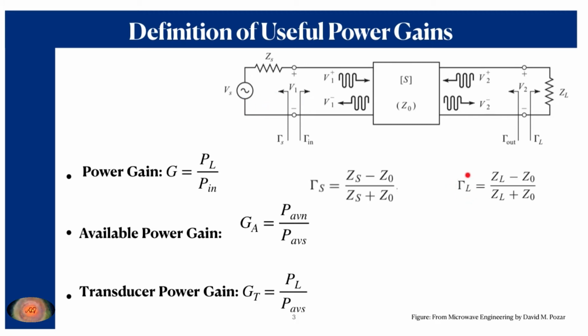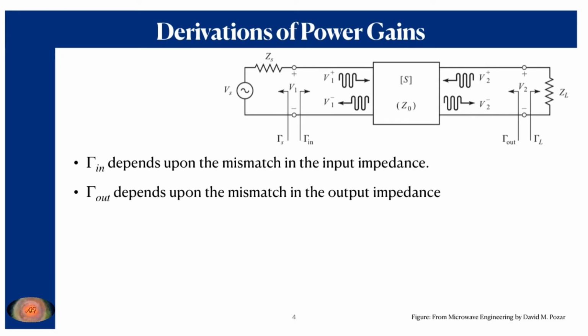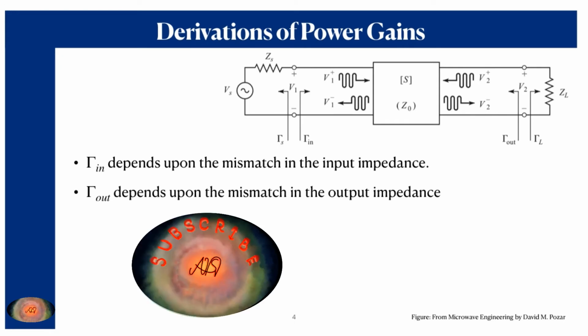Similarly, gamma L represents the reflection coefficient due to a mismatch between the load impedance and the characteristic impedance of the device. When you are designing an amplifier based on a transistor, then along with the transistor, any other additional devices or components may also be associated with that device.